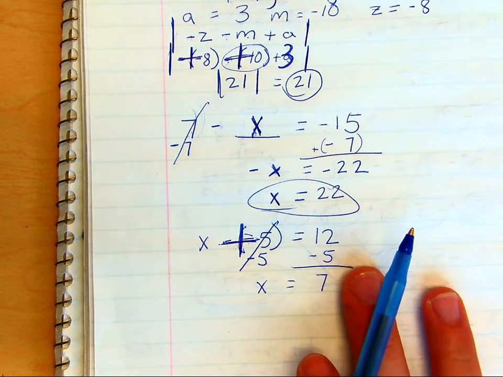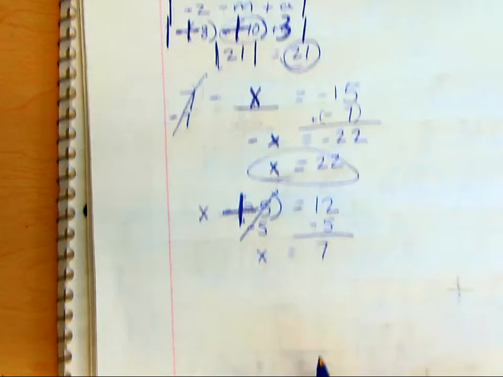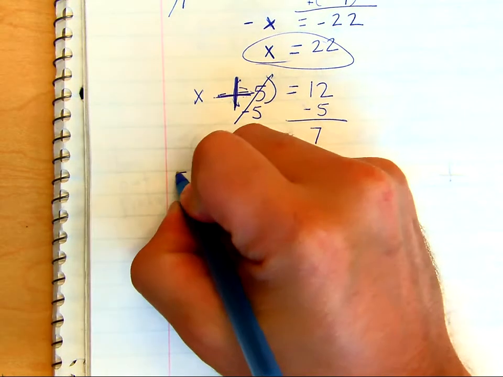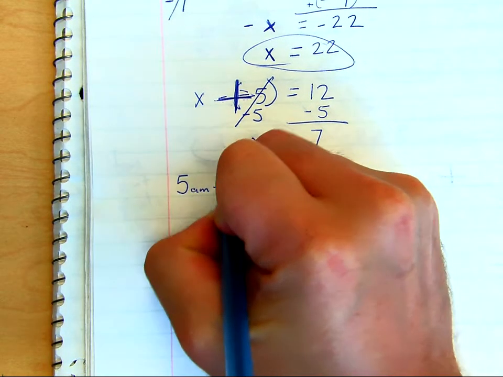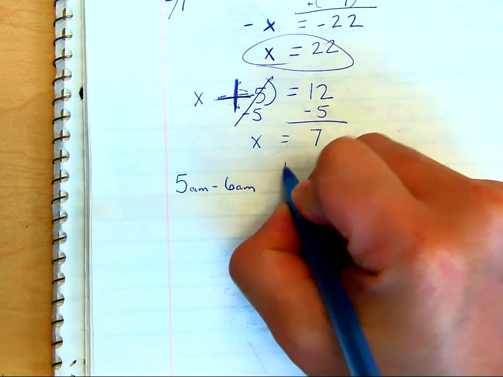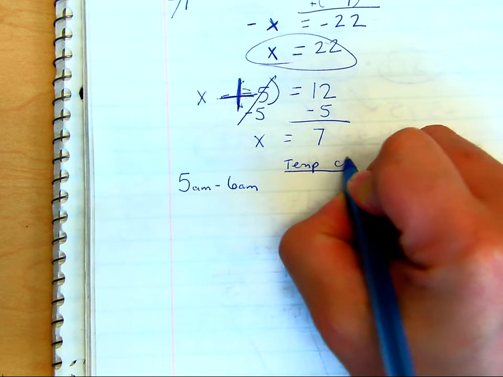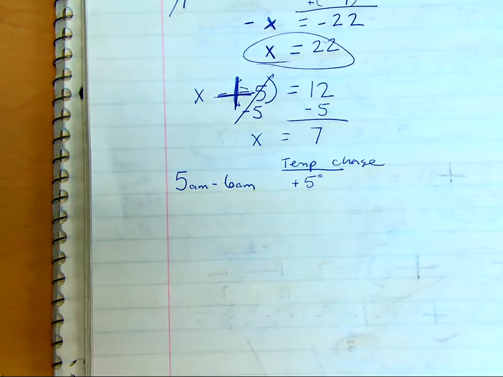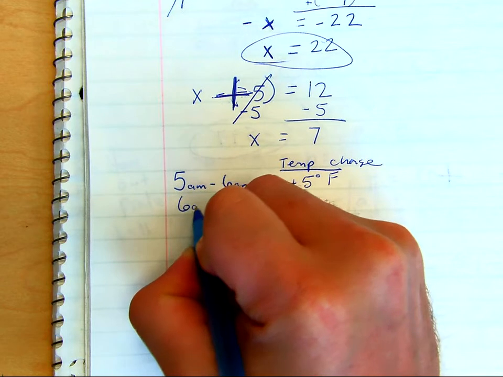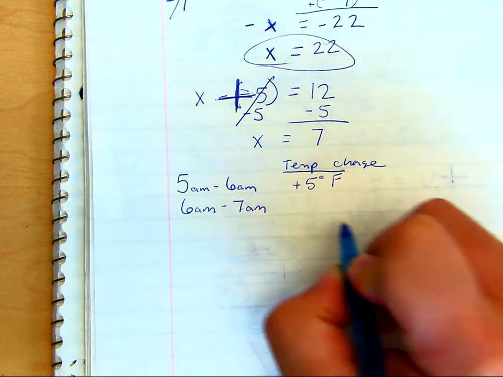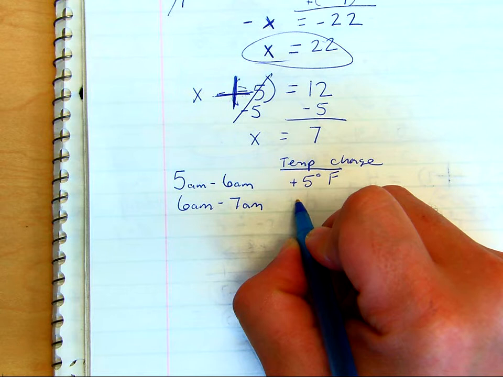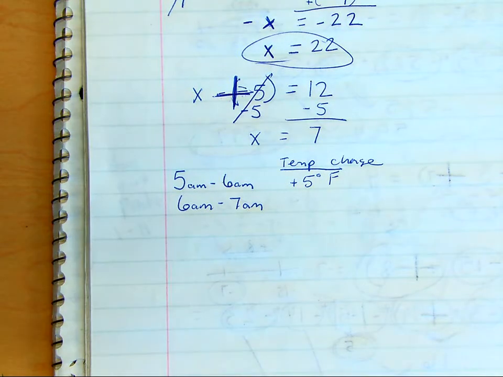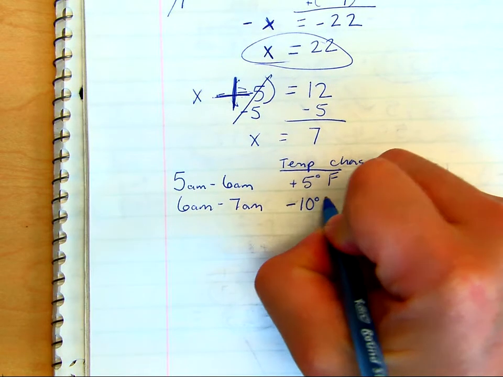All right, one other type of problem that I want to show you. So let's say from 5 a.m. to 6 a.m. we got a change in temperature, and we're going to say the temperature went up 5 degrees, and then from 6 a.m. to 7 a.m. the temperature went, maybe some kind of funky weather came in and the temperature went down 10 degrees.